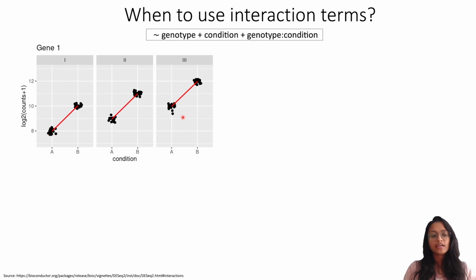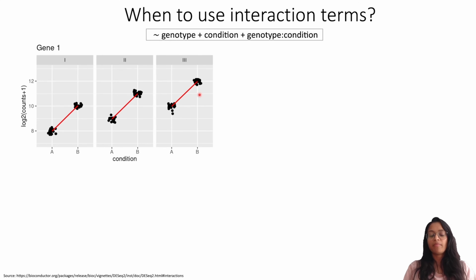But if we were to use the interaction term, that is, genotype plus condition with the interaction term, we are modeling the possibility that the effect of condition could be different for each genotype. However, in this case, since the effect of condition A to B is about the same for all the genotypes, the interaction terms for genotype 2 and 3 will be close to 0, indicating that there is no significant difference in condition effect across the genotypes.